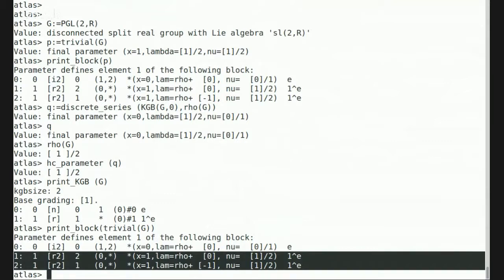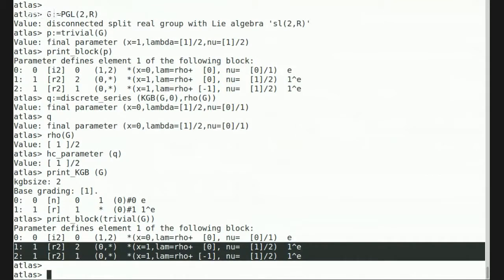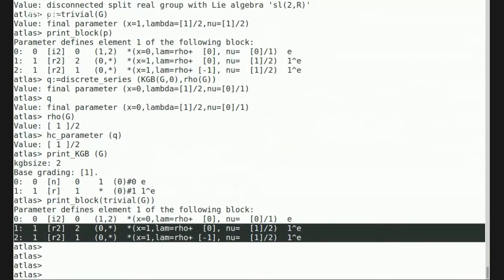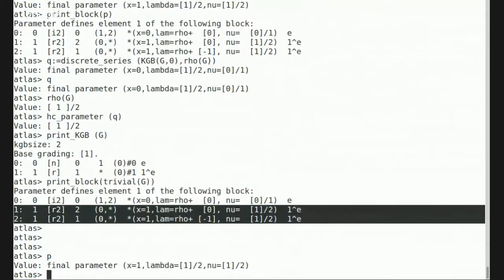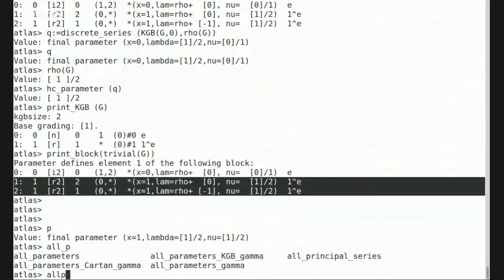Maybe I should illustrate one last thing before I move on. So P is the trivial parameter for this group. And there's this command, all parameters, I think, P is the command.